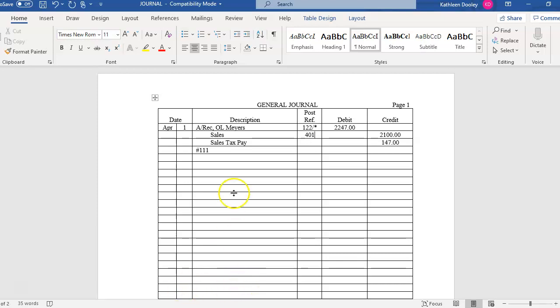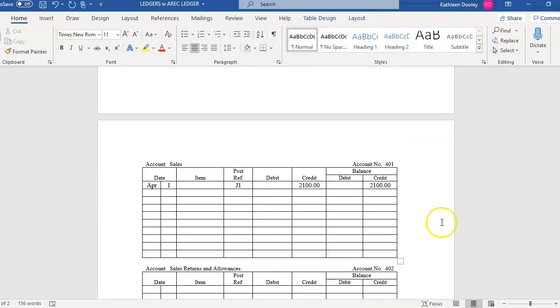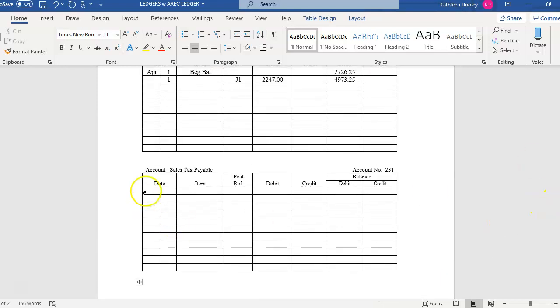Okay, now the sales tax payable is 147. I can go to the ledger there, find sales tax payable, copy the date, April 1, copy the amount. That was a credit for $147. There was no previous balance, so our new running total balance is $147 credit.